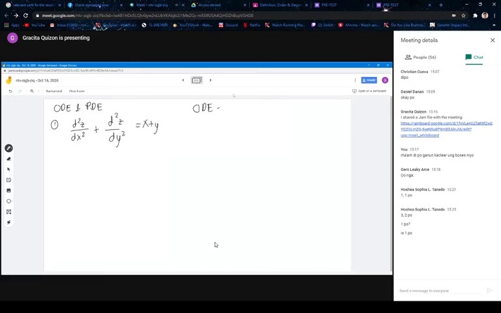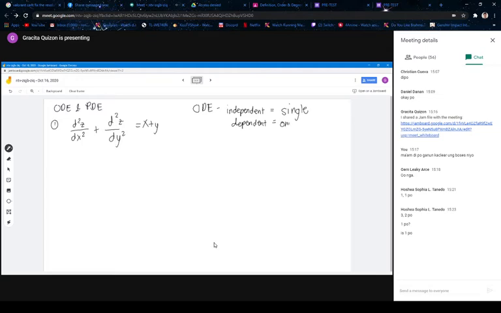So, sa ODE, yung independent variable natin, ilan dapat yung independent variable? Isa lang po. Isa lang. ODE, independent, okay, tama. So, single. Pag dependent naman, 1 or more po.